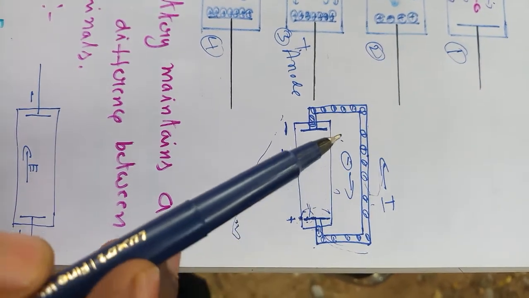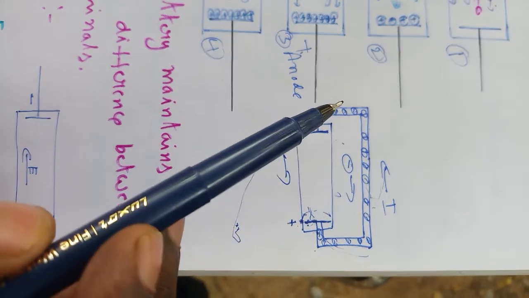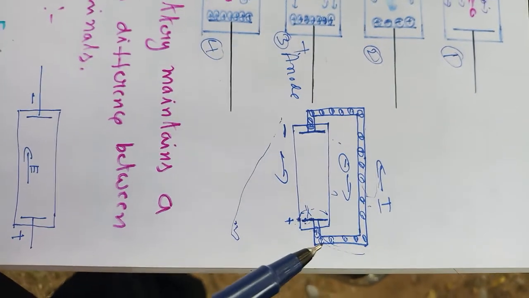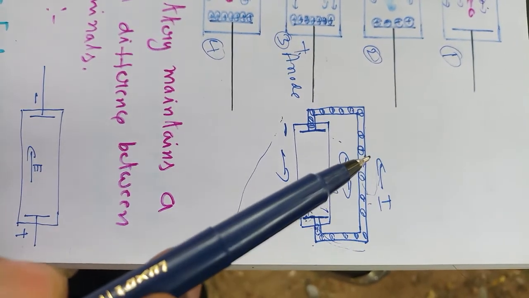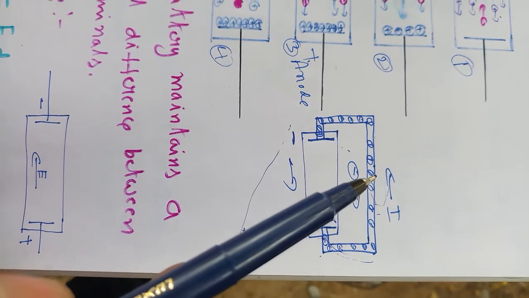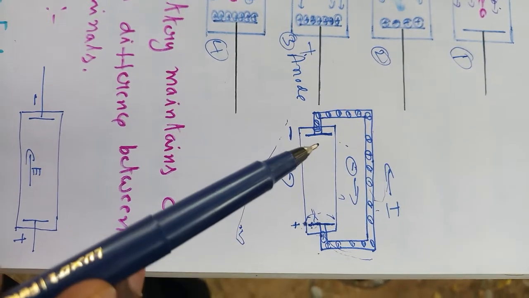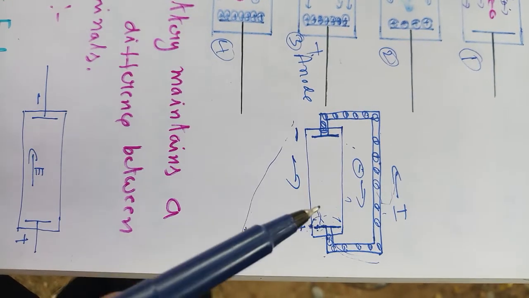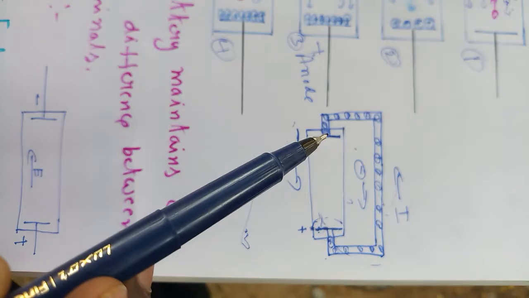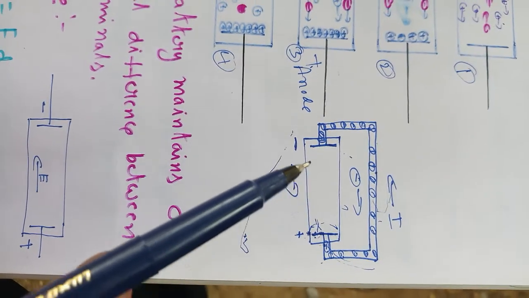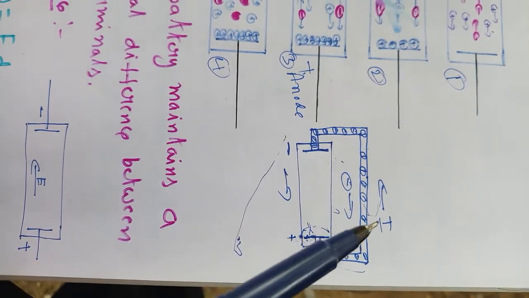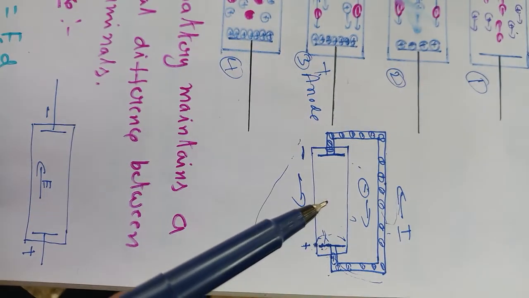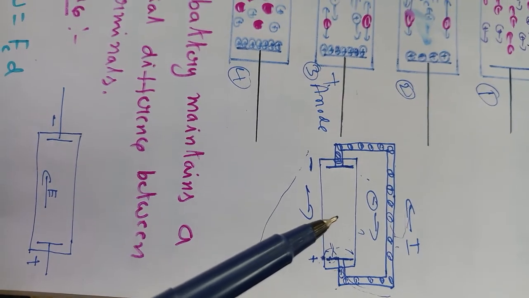As long as current flows in the external circuit, electrons move from lower potential to higher potential by the external electric field, whereas inside the battery, electrons, that is negative charge, move from the positive terminal to the negative terminal by the chemical force.